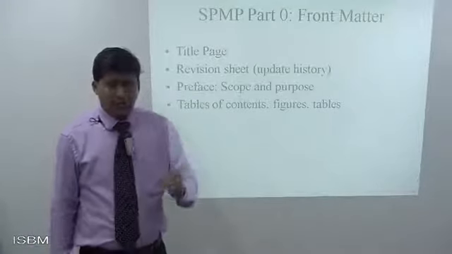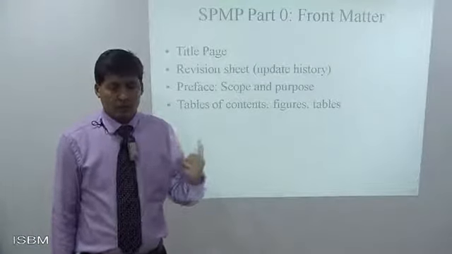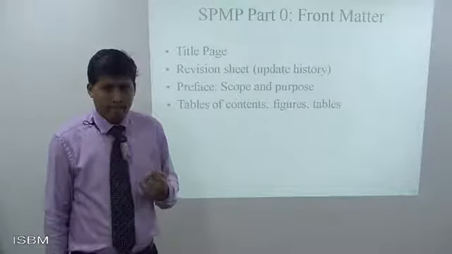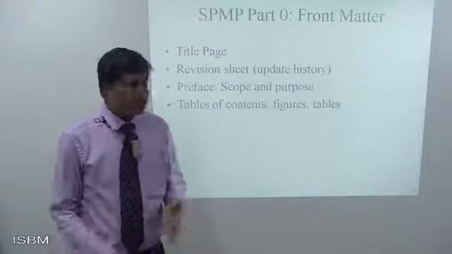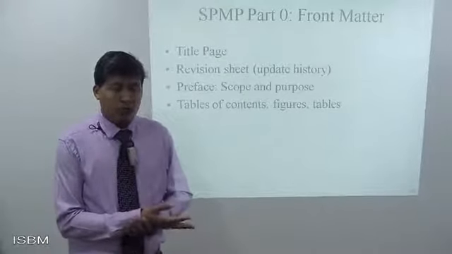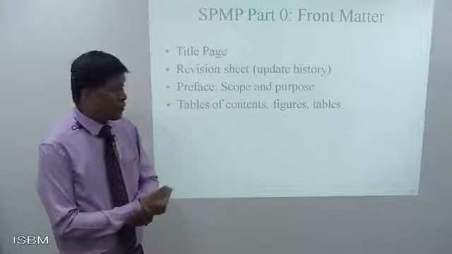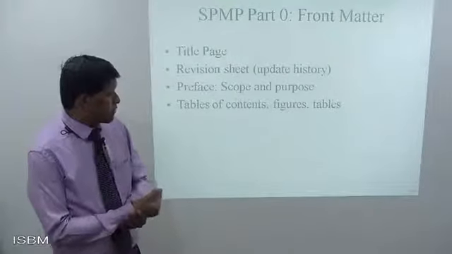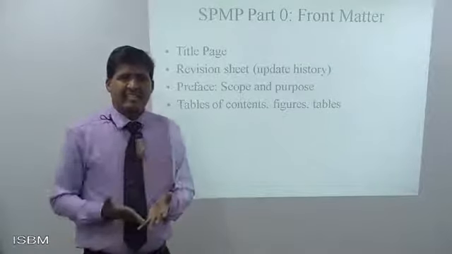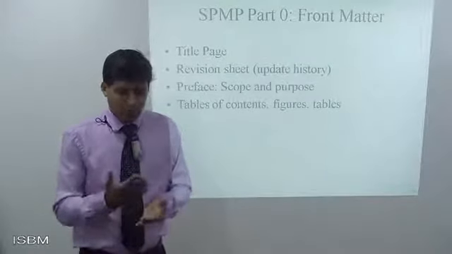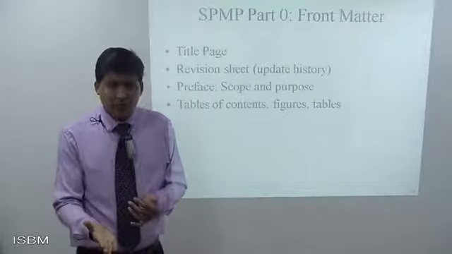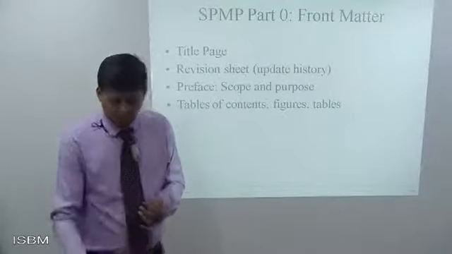So front matter, when it comes to software project management, would include the title page, that means define the scope of the project, revision sheet, update history as it moves forward, preface, scope and purpose, tables of content, figures and tables. This is what we call the indexing of a project. It's a written document that specifies what the project is, and it gives schedules of the delivery and time schedule as well.